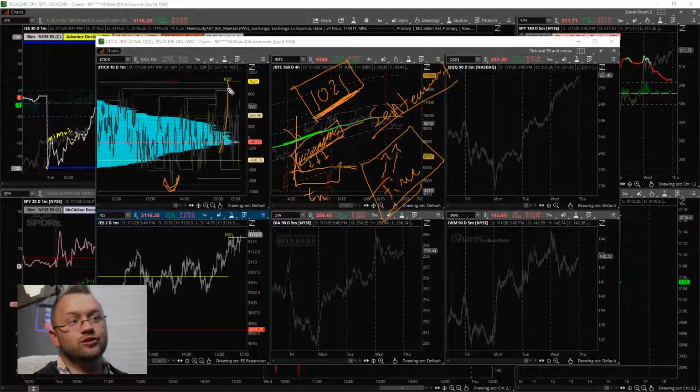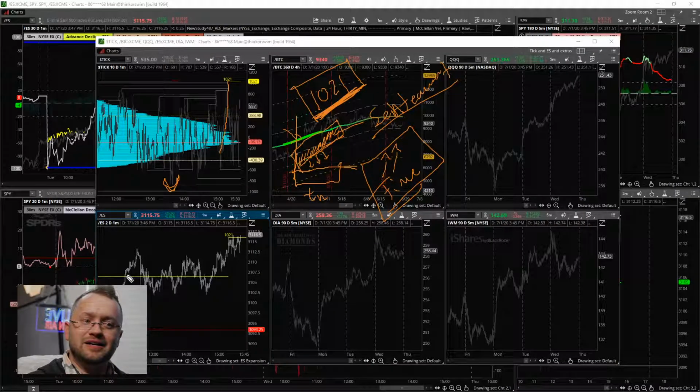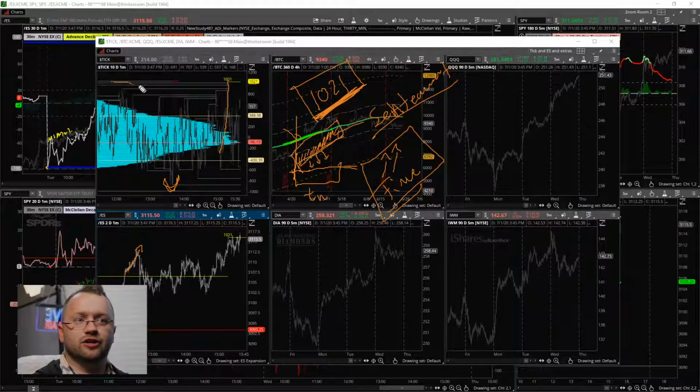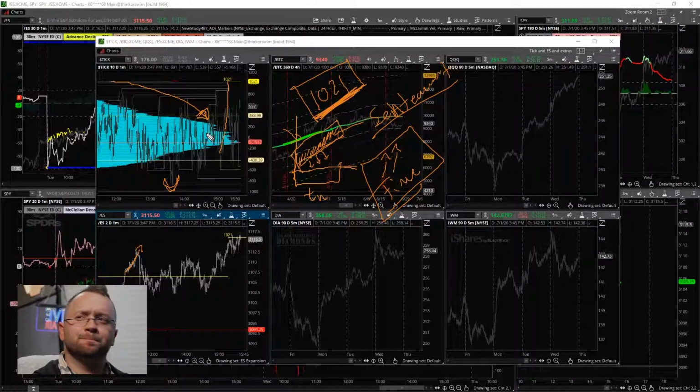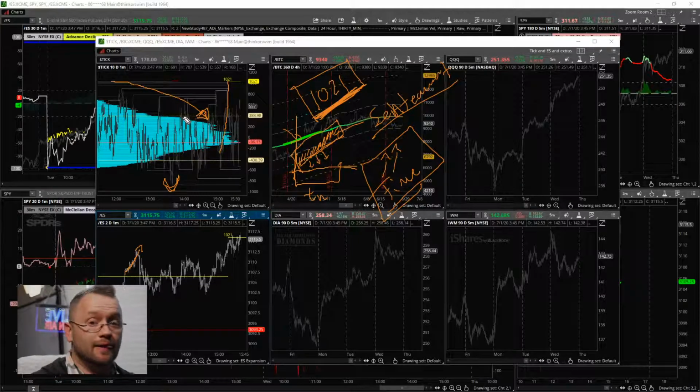So when you see this push up to 1,000, what that tells you is a bunch of stocks ticked up together. But what does it mean if the index continues to tick, but the stocks don't?